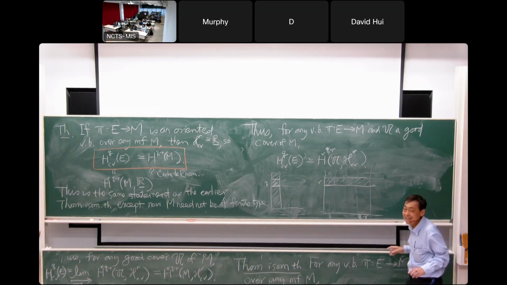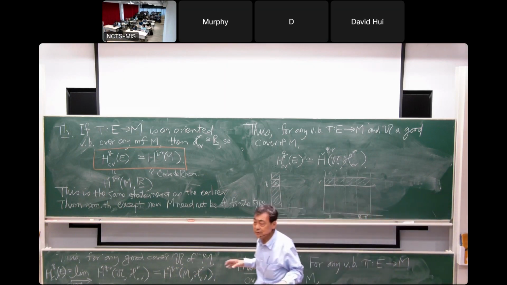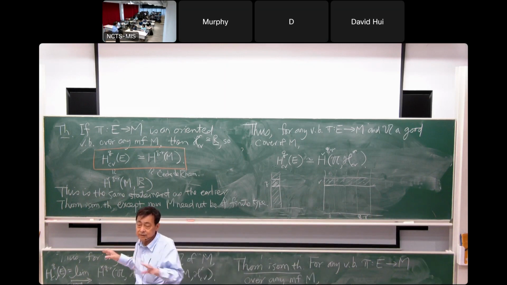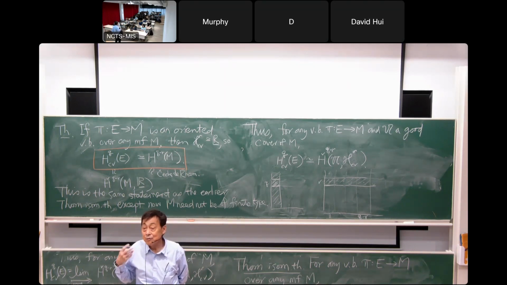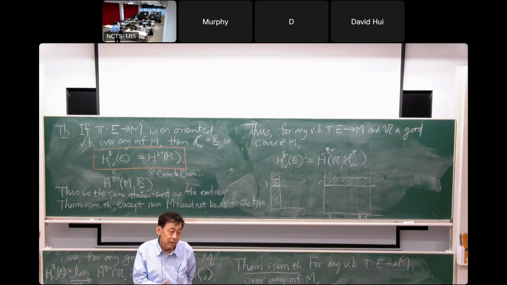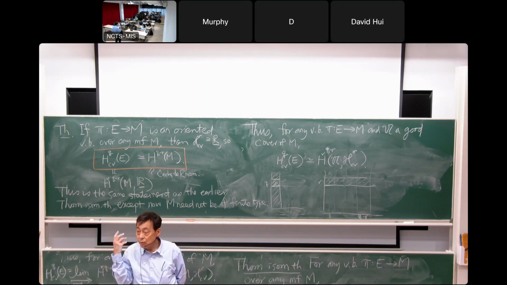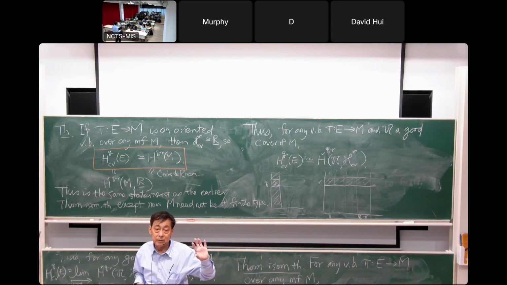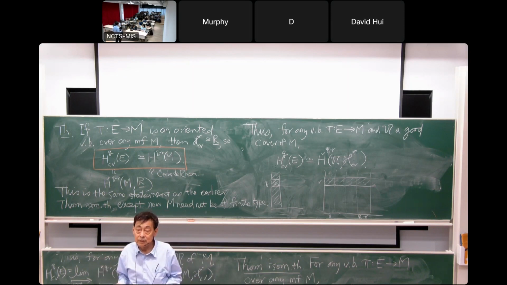Now, we can also use this technique of double complexes to generalize Poincaré duality. Okay? Because earlier, we proved Poincaré duality under the hypothesis that the manifold is orientable. Then you have an isomorphism between cohomology and cohomology with compact support.